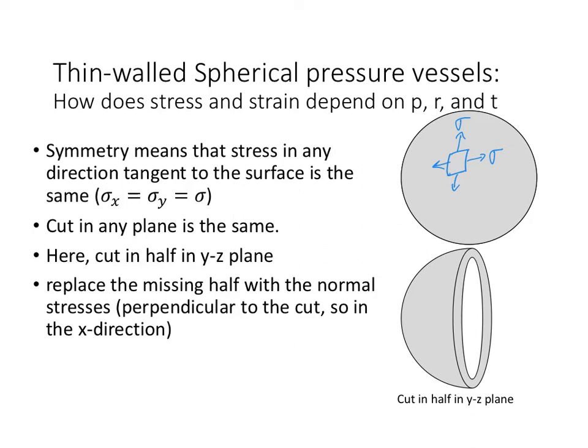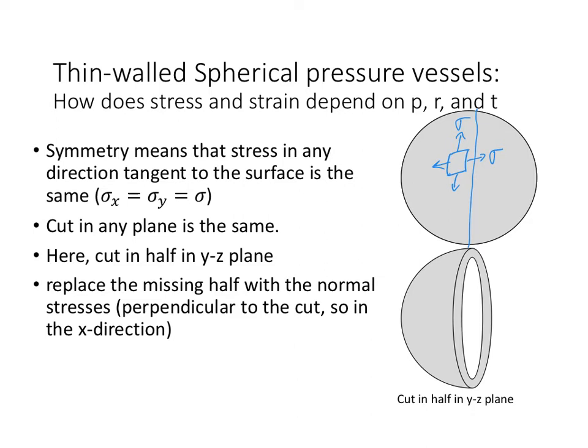So now we'll take this and cut a plane here in the XY plane, and we look at this a little bit from the side, and we're going to calculate what the stresses would be in this object.